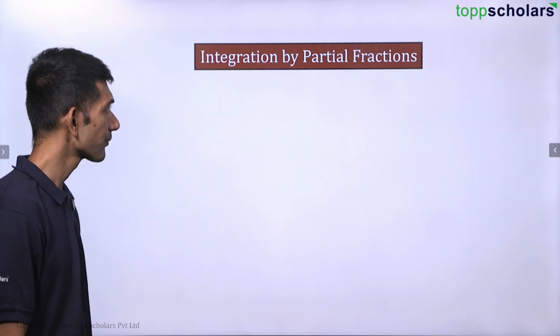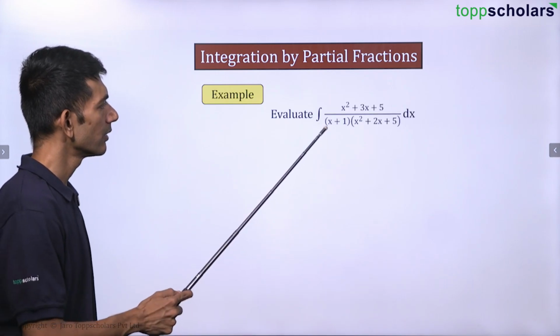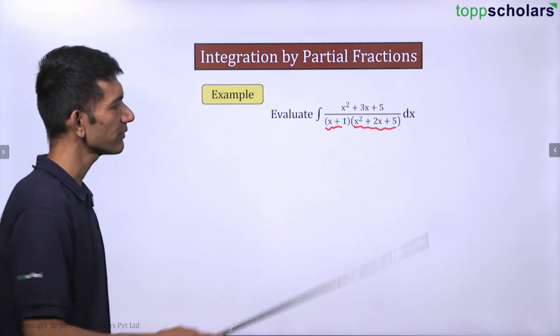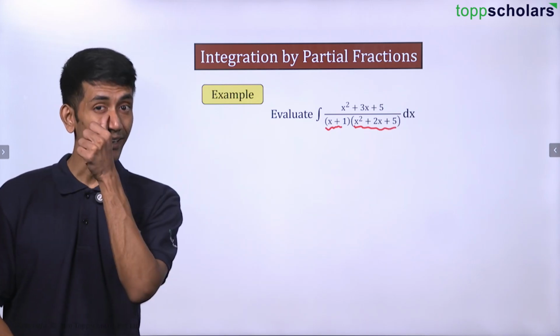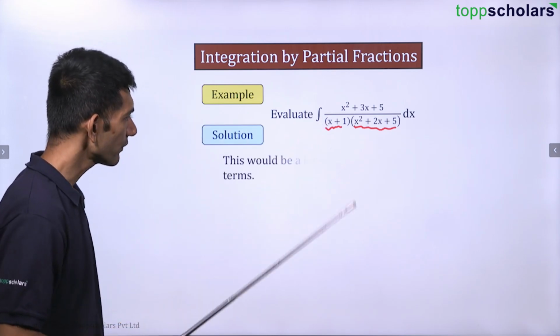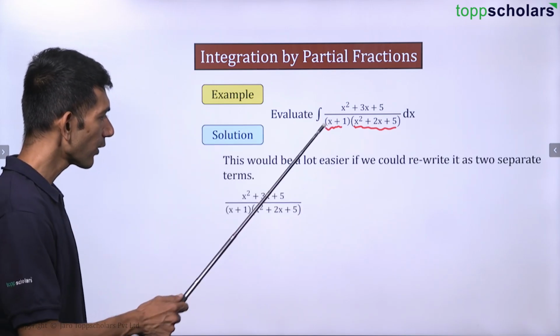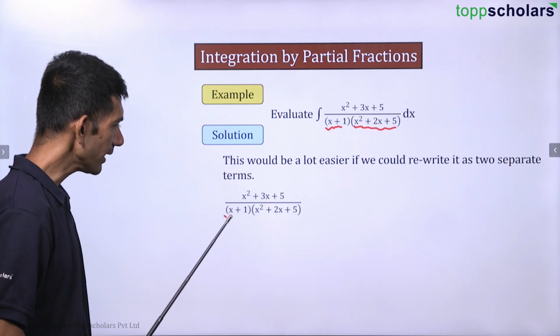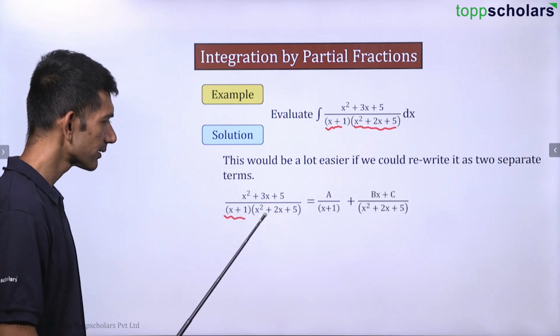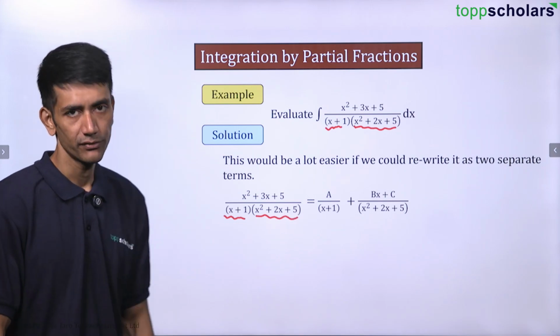See, now this is x plus 1 and this is x square plus 2x plus 5. Obviously you cannot factorize that, it is irreducible. So what we do is, we are going to write this as a by x plus 1 and then bx plus c by x square plus 2x plus 5.